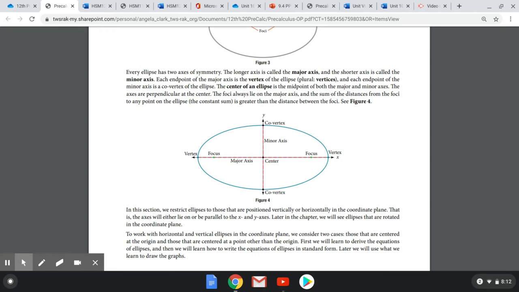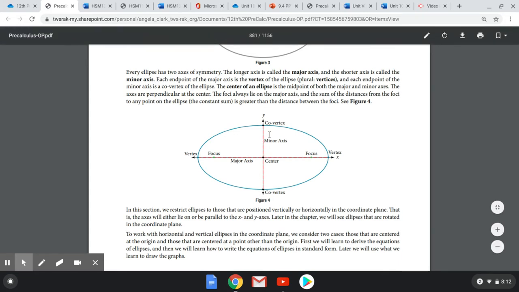So you have a vertex at each end, and the line that goes through the two vertices is called the major axis. So that's going to be your long axis, the major axis. The minor axis is perpendicular, through the center. The minor axis is going to connect the co-vertices.